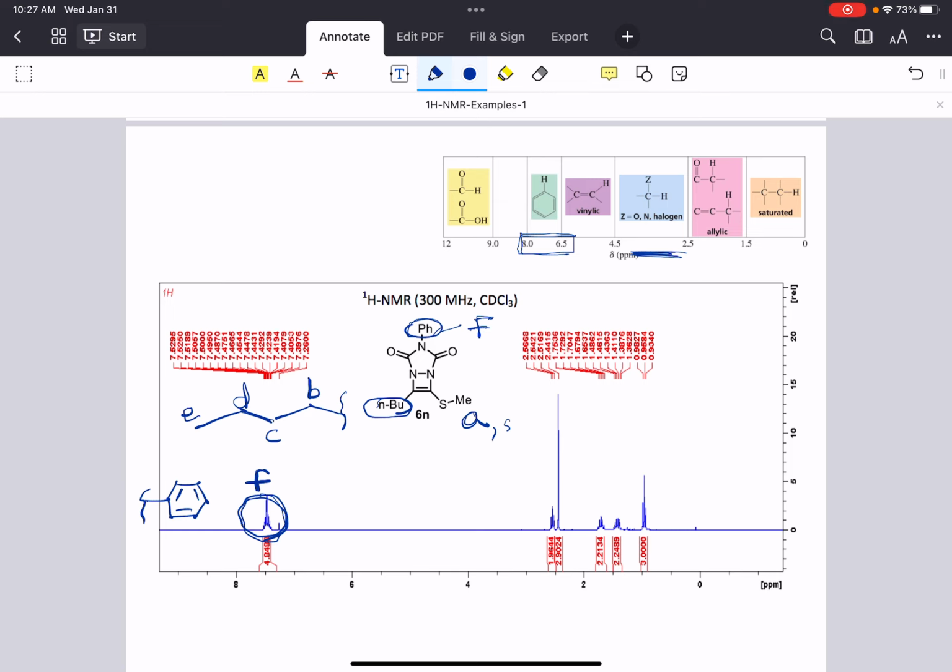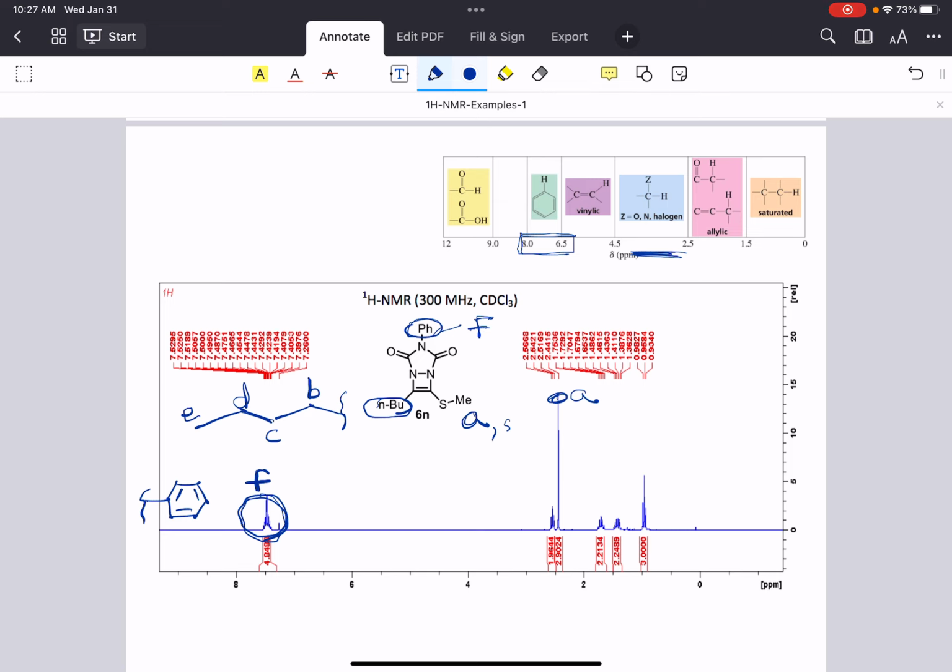The only singlet that we have in the spectrum is here, so this corresponds to A. The remaining signals correspond to this alkyl chain on the N-butyl section, and the chemical shift of each of those signals B, C, D, and E will decrease as we get farther away from that carbon-carbon double bond. So that means that B should have the largest chemical shift, followed by C, then D, and then E.